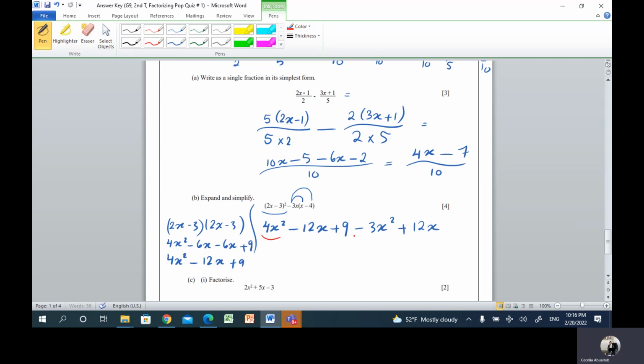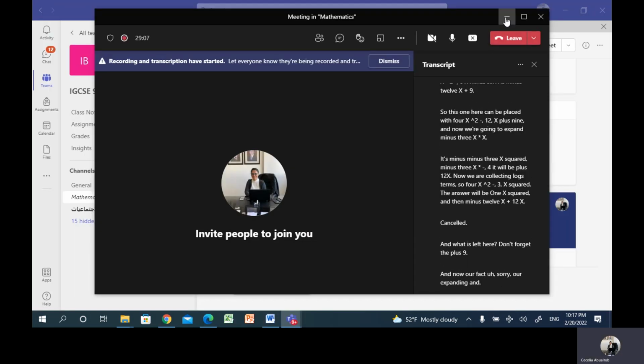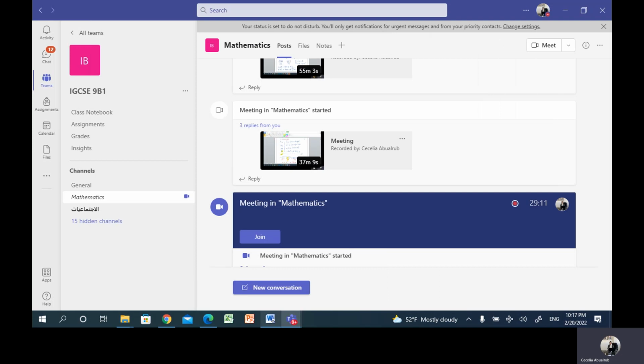So 4x squared minus 3x squared, the answer will be 1x squared. And then minus 12x plus 12x are cancelled. And what is left here, don't forget the plus 9. And now our expanding and simplifying is complete.